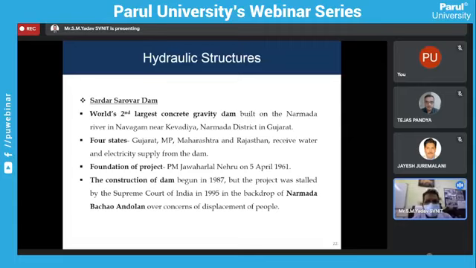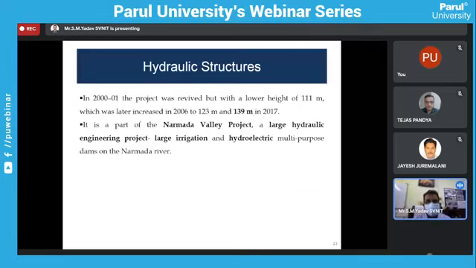It is the second largest concrete gravity dam built on the Narmada River in Navagam near Kevadia, Narmada district in Gujarat. The beneficiaries are four states: Gujarat, Madhya Pradesh, Maharashtra, and Rajasthan. As you know, the foundation stone was laid in 61, but it was constructed completely in the year 2017.